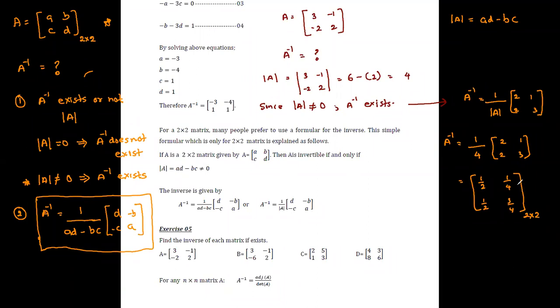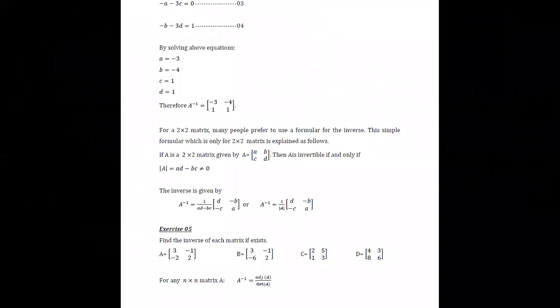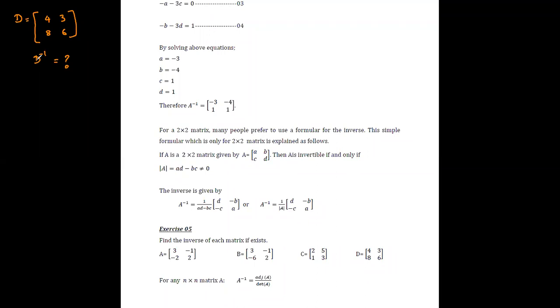Then I will consider another example on this. I will take the last example here, given as matrix D. Here we can see 4, 3, 8, and 6. If you are asked to calculate the value for D inverse, first we need to check whether D inverse exists or not.